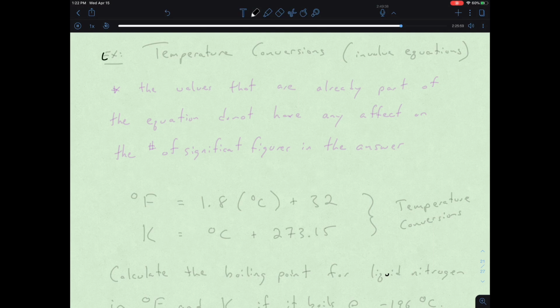In this example, I'd like to look at just specifically temperature conversions, because these involve equations.